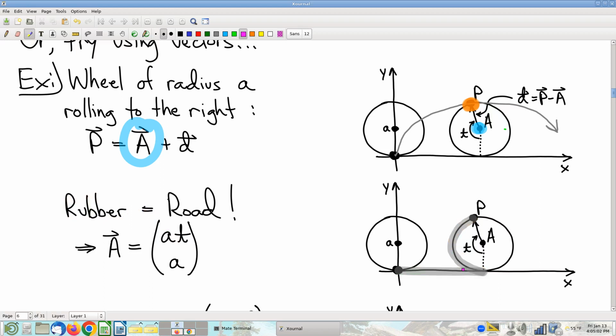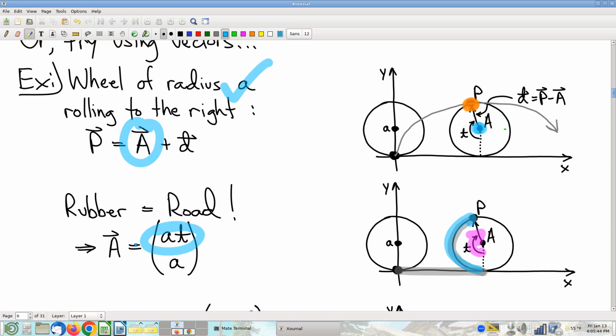Okay, so why does this help our problem? Well, the x-coordinate is equal to the amount of road, which is equal to the amount of rubber, and the amount of rubber is an arc of a known circle. And high school geometry tells us that the length of an arc on a circle is radius times angle, and we've got here that the radius is A, and the angle you can see here is what I've called T, and so that amount of rubber is AT.